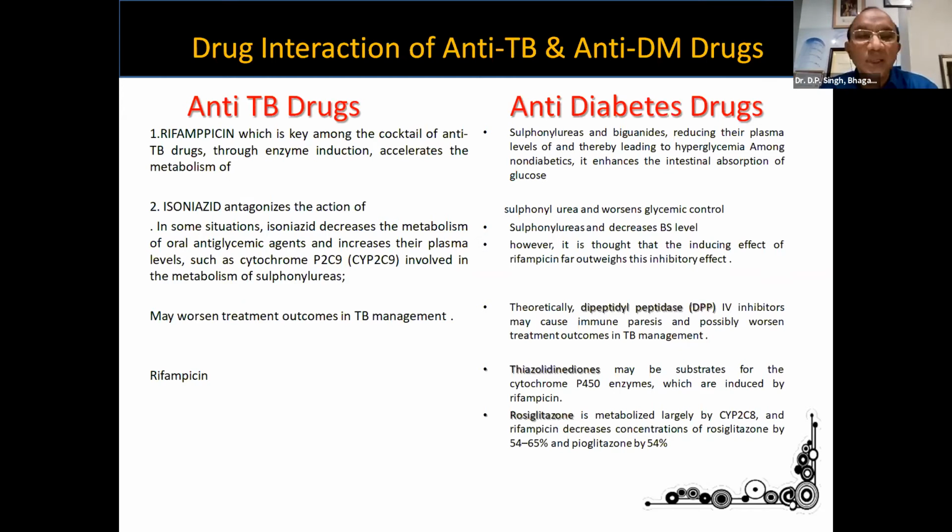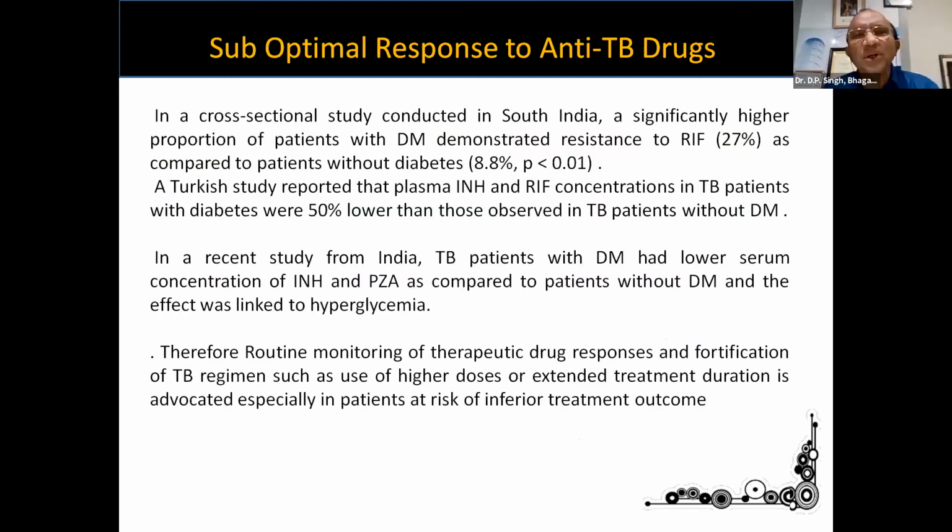The interaction with thiazolidinediones: rosiglitazone is metabolized largely by CYP2C8, and rifampicin decreases the concentration of both rosiglitazone as well as pioglitazone. There is also a suboptimal response to anti-tuberculosis drugs. In a cross-sectional study conducted in South India, a significantly higher proportion of patients with DM demonstrated resistance to rifampicin.